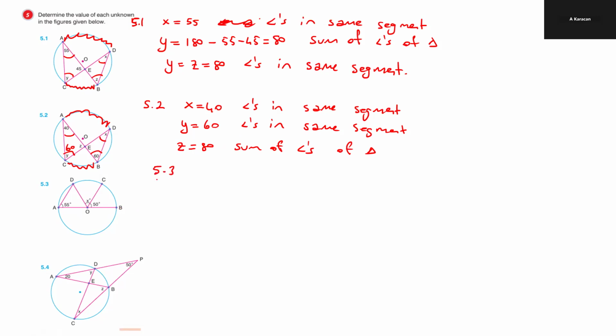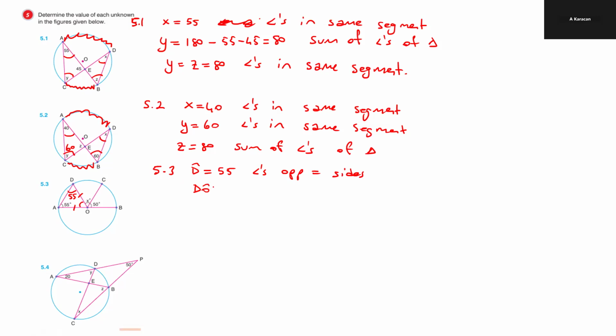5.3. D will be equal to 55 because OD is radius, AO is radius. So we can start with D is equal to 55. Reason is angles opposite equal sides. Then you can get this angle here, which is 180 minus 110.